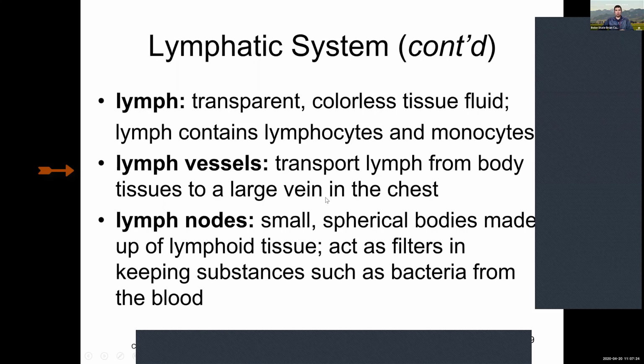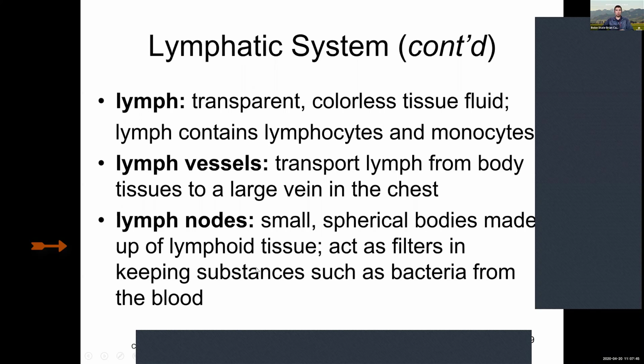Lymph vessels are just like blood vessels in that they transport fluid through the body. In this case, it's not transporting blood. Again, it's transporting lymph, and it all comes back to that large area in the chest where it's dumping into a vein in order to then be filtered through the blood system.